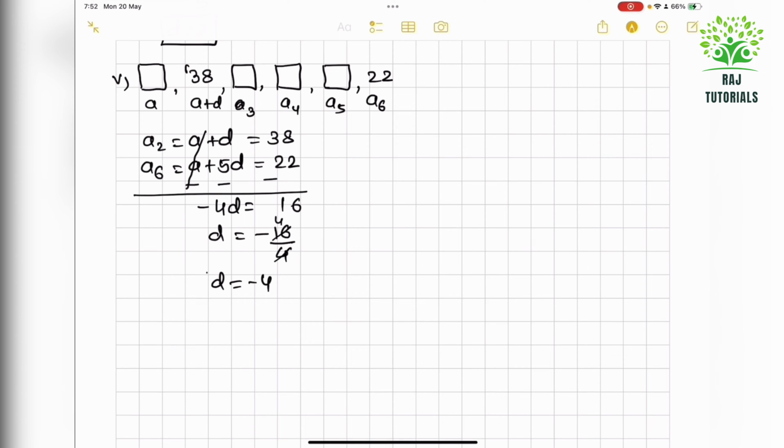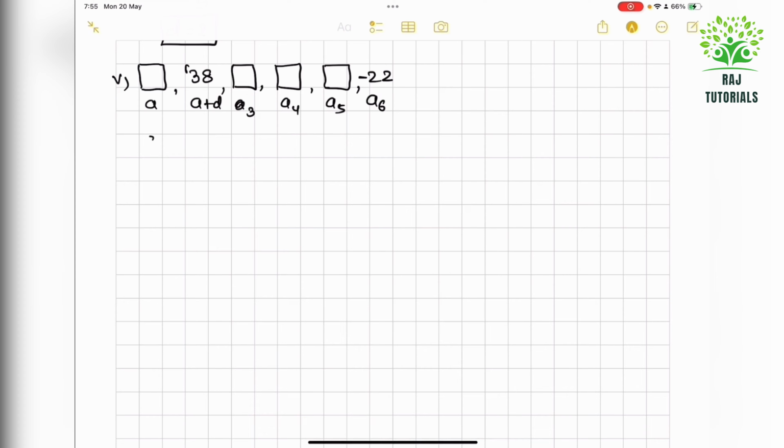So D equal to minus 4. Now I got D, so I can get all the values. Fifth one, I am given A2, that is A plus D, equal to 38. And A6 is A plus 5D, that is minus 22.